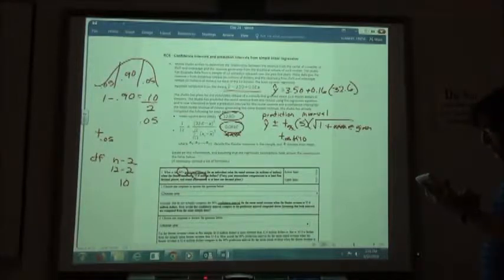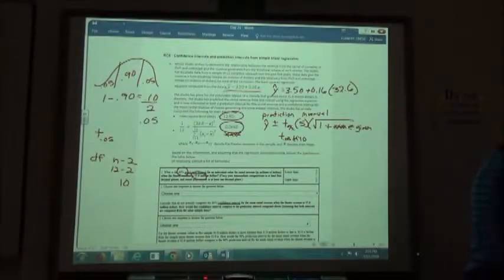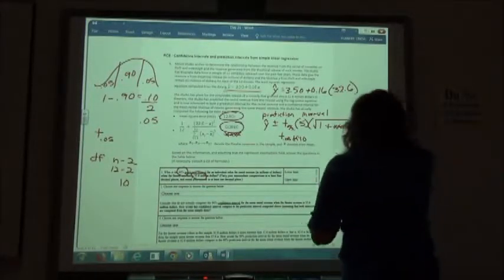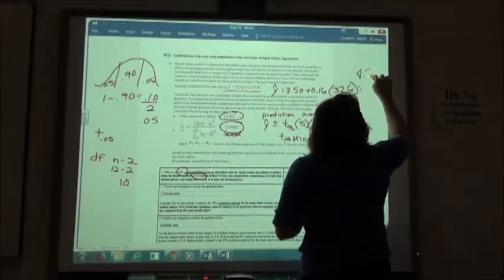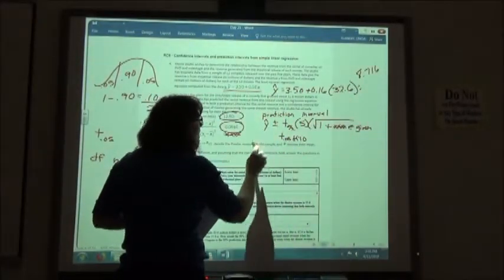Hopefully you're doing the same thing. I'm coming up with a y hat value of 8.716. That value here is my y hat value.